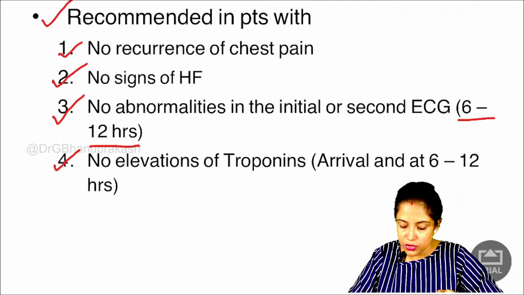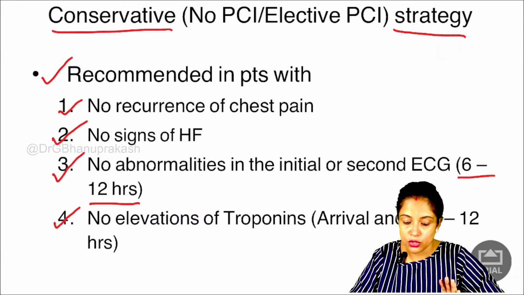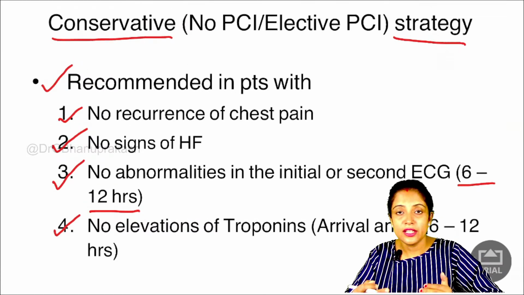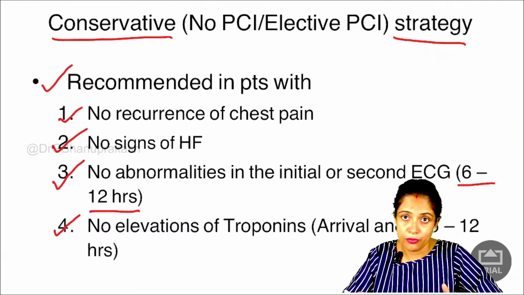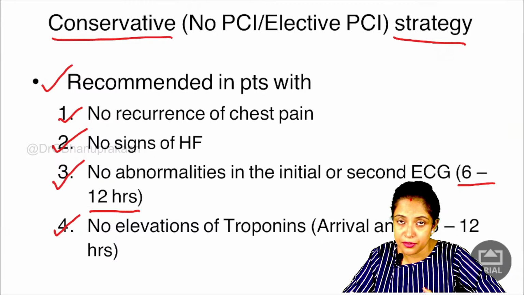There is also no elevation of troponin, on arrival and 6 to 12 hours later. That is important, when we advise a patient for invasive strategy and when we advise a patient for conservative strategy.